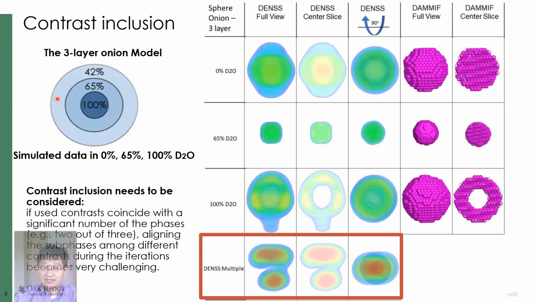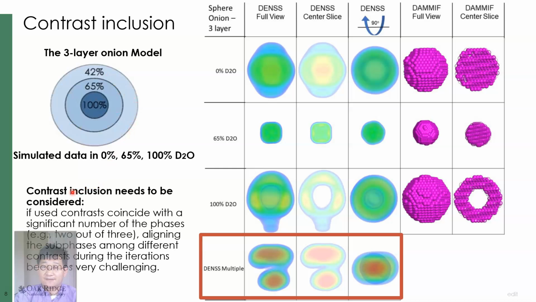For example, in the simulated data for this three-layer onion model with 42%, 65%, and 100% contrast, it was measured in a background with 0%, 65%, and 100% D2O, coinciding with a significant number of phases in the model.